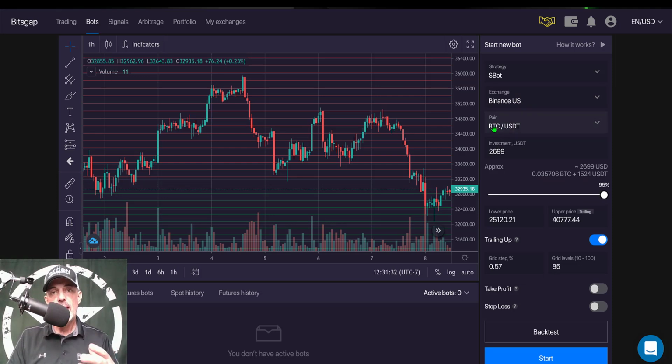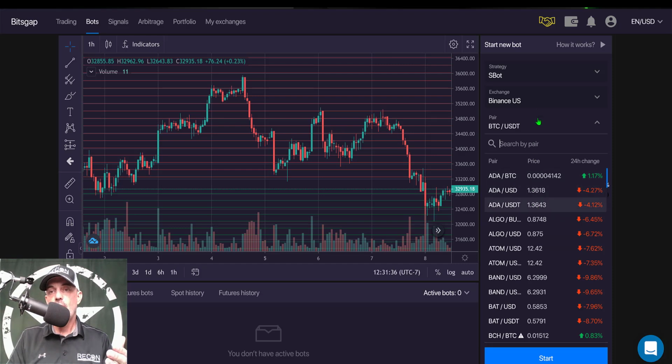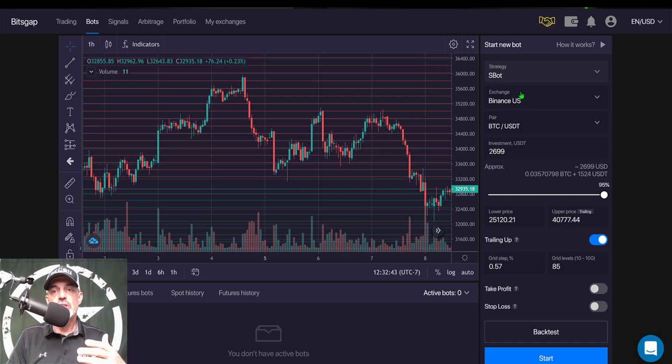As far as the pair, you can select a variety of pairs on your exchange, but today I will be deploying this bot on Bitcoin, which is BTC, and USDT will be my quote currency. Now that we have the strategy, exchange, and pair selected, it is time to work on our lower price and our upper price for this grid bot.